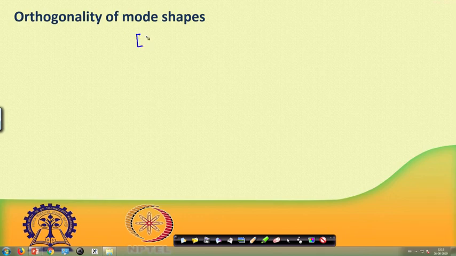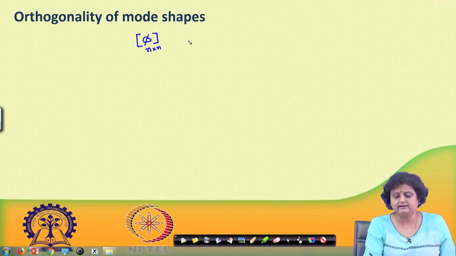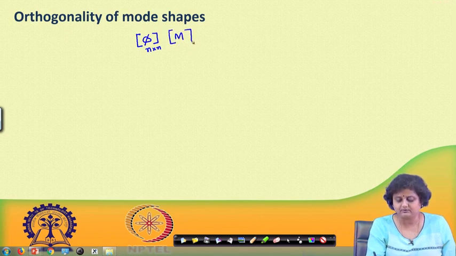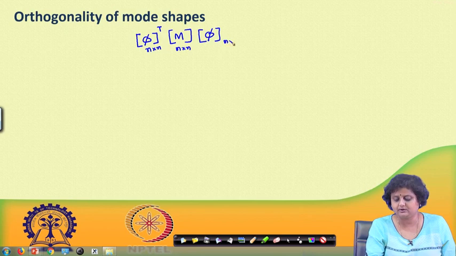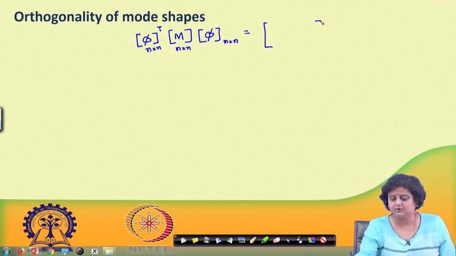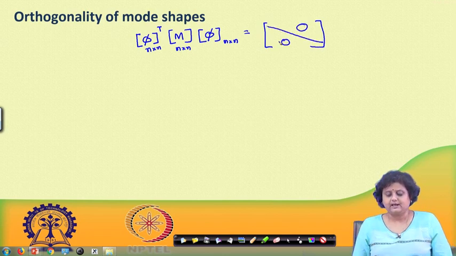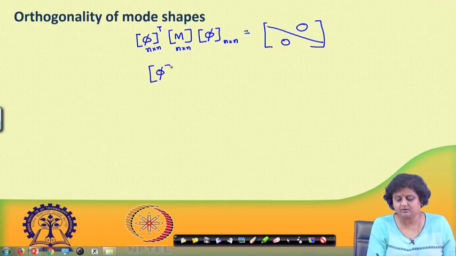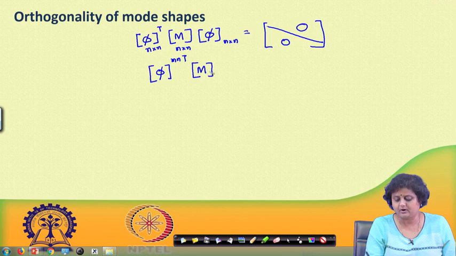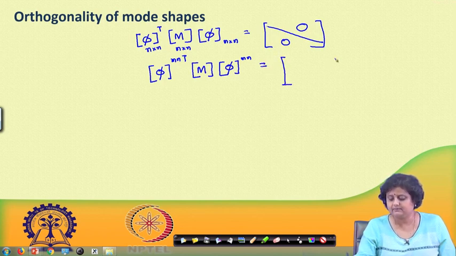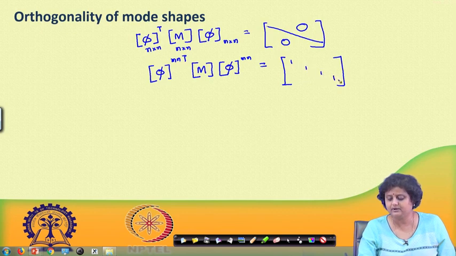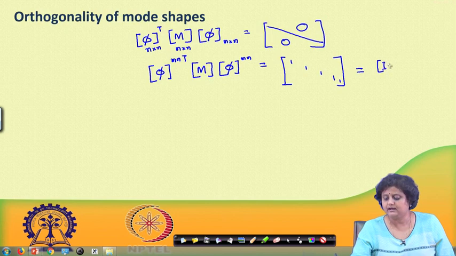In the last lecture, we had said that phi, which is the modal matrix, n cross n for an n degree of freedom MDOF system, into the mass matrix, into phi transpose, which is again n cross n, is going to be a diagonal matrix with all off-diagonal terms 0. And we have also said that if we mass normalize the modal matrix and then obtain this product, we will have the same diagonal matrix, but now the diagonal terms are going to be unity, or we will get an n cross n identity matrix.